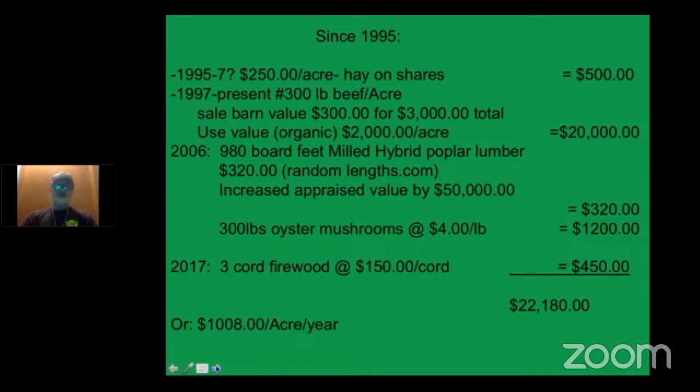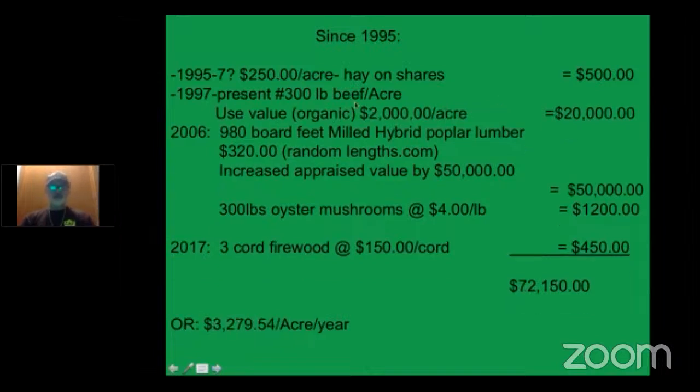Well, then if we use the use value of the beef, I'm getting my $20,000 worth of beef out of that. Let's count my appraised value increase by building the building, $50,000, because that was real. I took $320 worth of material and some other stuff, and I turned it into a $50,000 building. That's a real gain, a real value produced by me growing this type of agriculture instead of just growing corn or just raising beef.